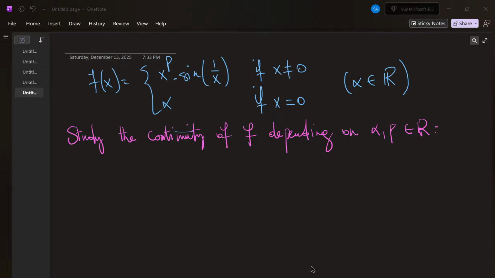So the continuity here, notice that for any values alpha and p, when x is not equal to 0, then these functions are continuous. Here p is a natural number.